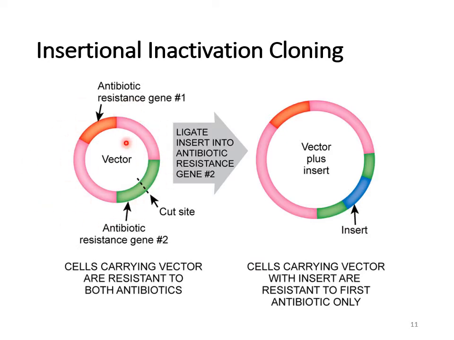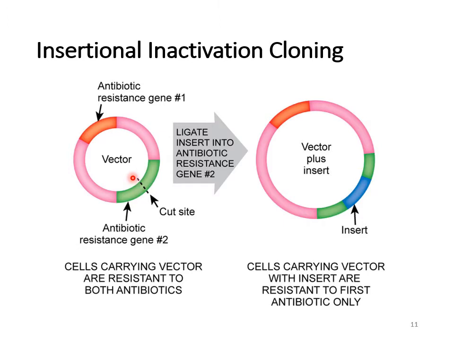In this example, the plasmid will have two different antibiotic resistance genes. Okay, this top one is antibiotic resistance for ampicillin, for instance. This bottom one is antibiotic resistance for kanamycin, for instance. Okay, so AMP resistance and KAN resistance.